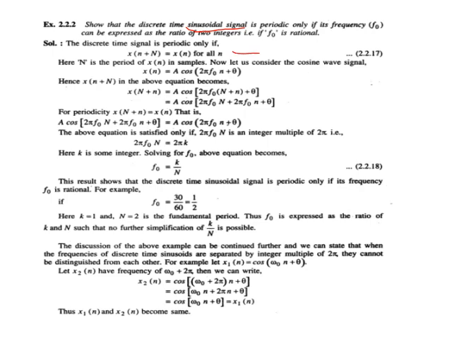So what should we do? We take the cosine wave x of n equals cos of 2 pi f0 n plus theta. Now we replace n by n plus N on both sides, so we get this. What is the condition for periodicity? If x of n plus N equals x of n, we equate these two equations.